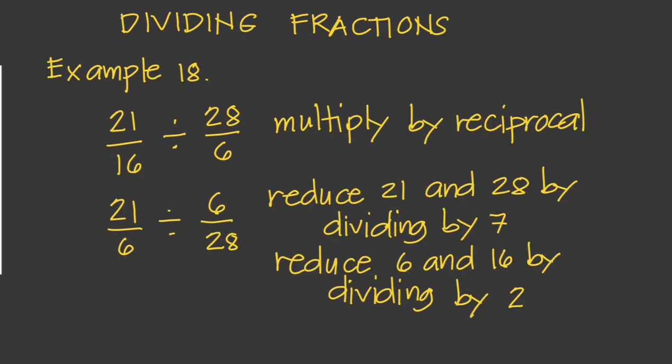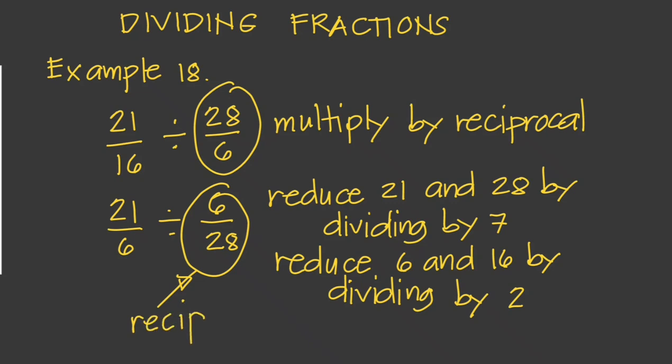Say for example, we're given 21 over 16 divided by 28 over 6. We get the reciprocal of 28 over 6, and that would be 6 over 28. So we just flip the fraction. The numerator becomes our denominator, and our denominator becomes our numerator.